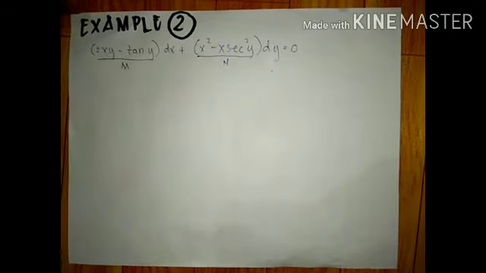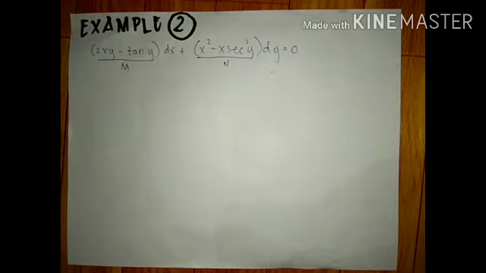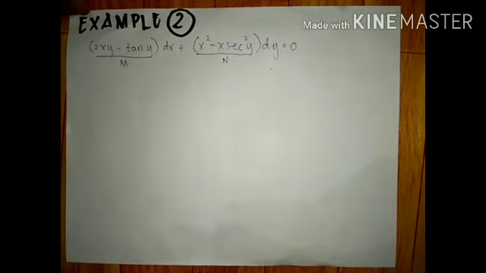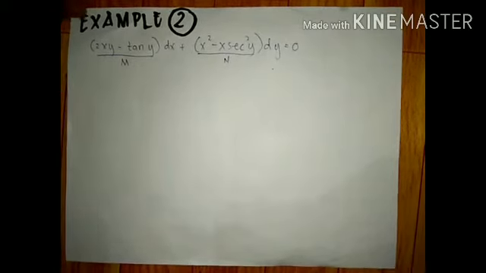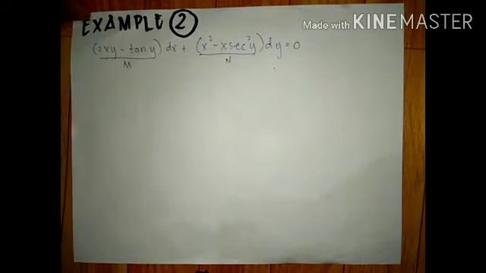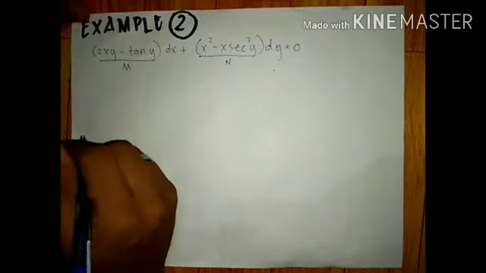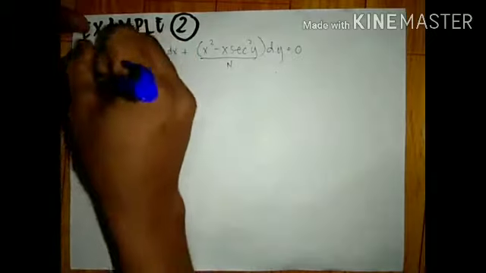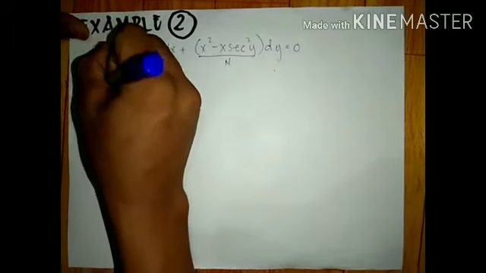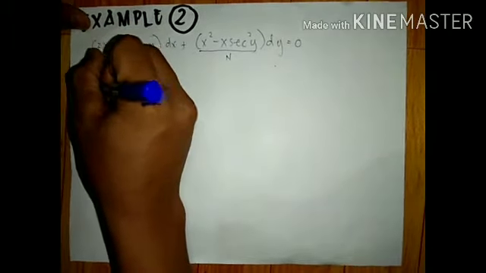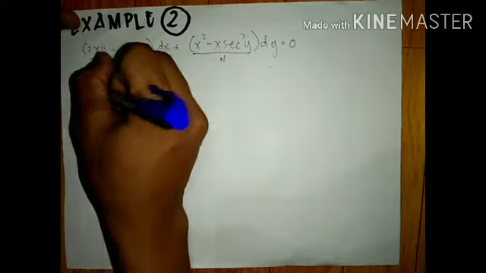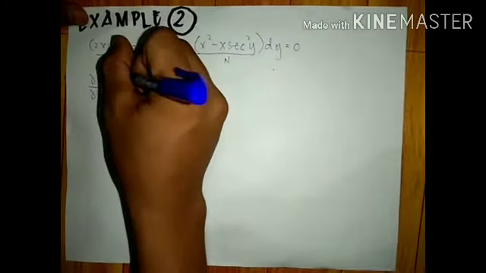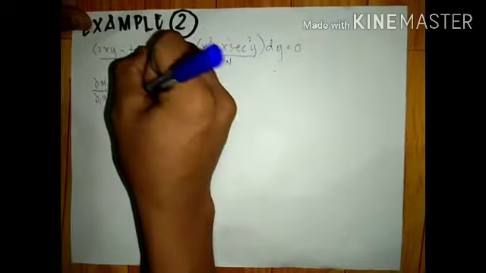So to solve this, we're going to test for exactness. First we're going to get the partial of M with respect to y, which is equals to the partial of N with respect to x.